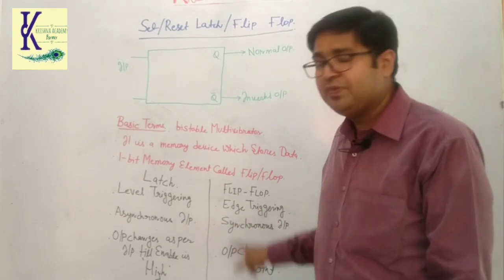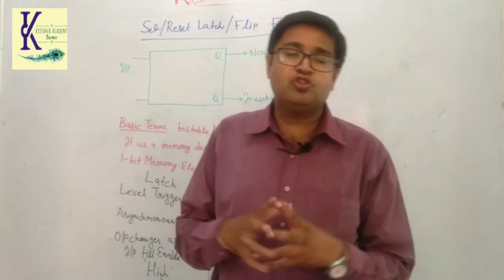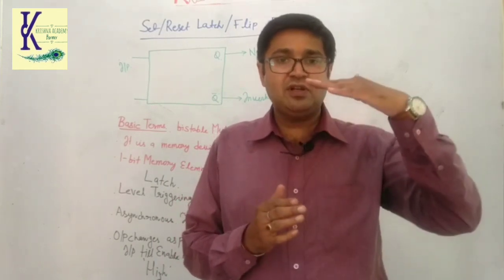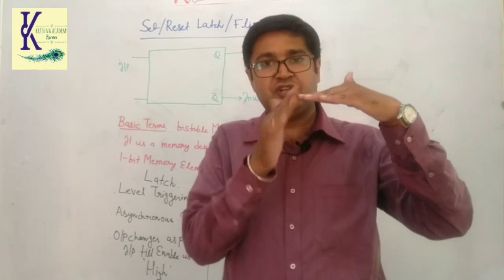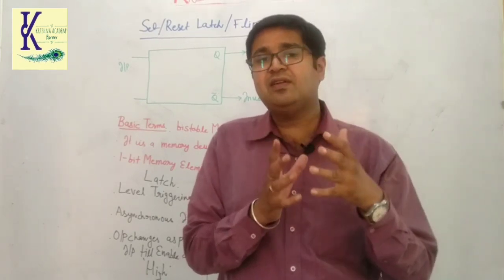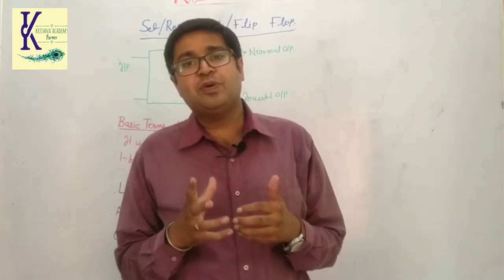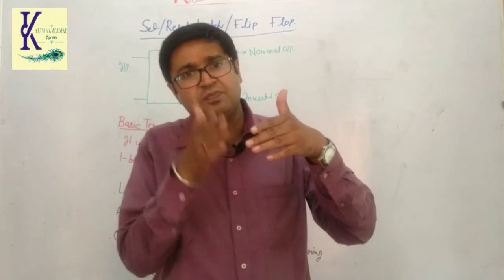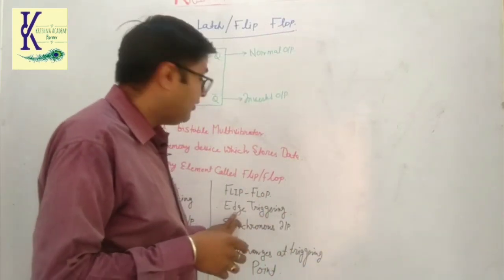But in a flip-flop, edge triggering takes place. I have already gone through what is the level and what is the edge. The edge of the clock pulse, the edge of the triggering pulse, will change the output in a flip-flop.